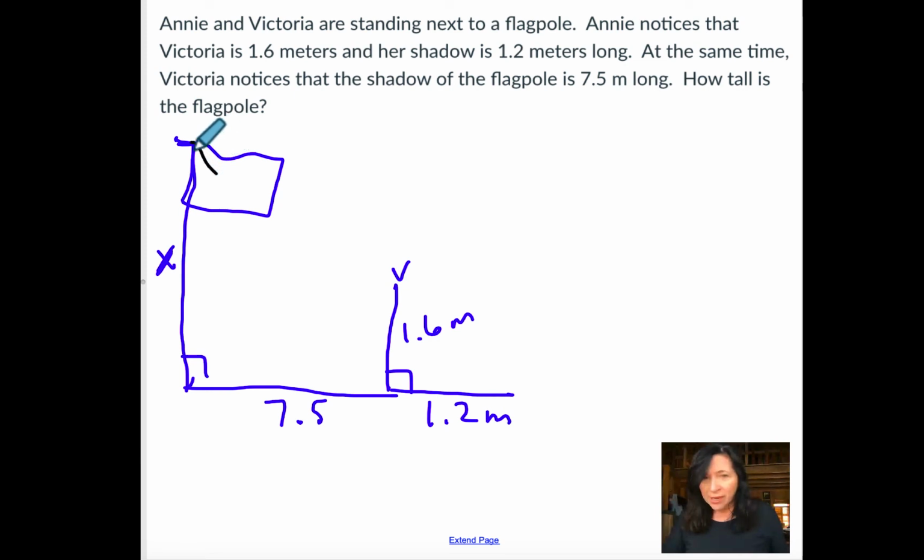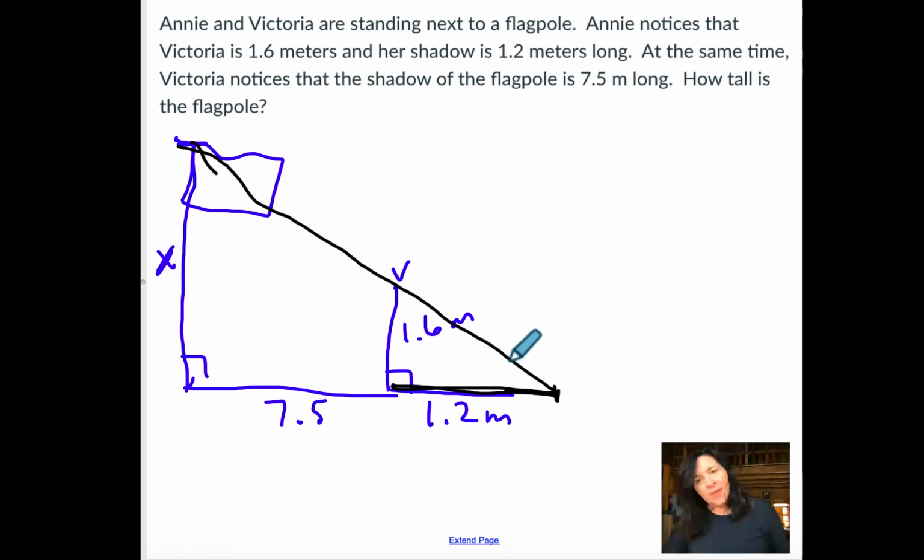Because this is really this triangle. Let me see if I can draw this really well. Something like this, right? And so we want to make these two triangles from the end of Victoria's shadow, which goes from here. We know that this angle is the same in both triangles. We also have this angle the same, and then we have these little corresponding angles that are also the same.